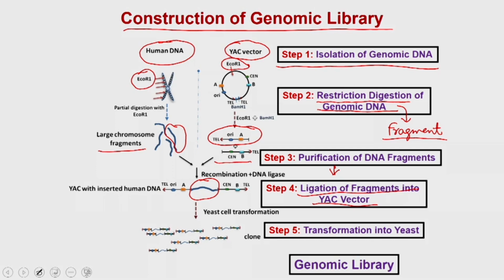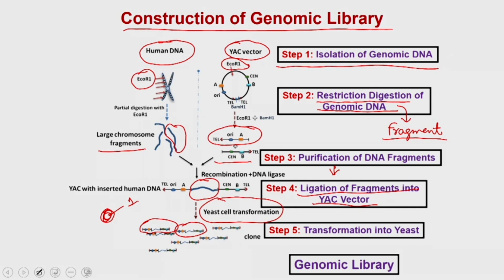In the last step you are going to do the transformation into the yeast cell, and then different vectors are going to carry different genes, and ultimately you are going to get clones which will contain a single gene or multiple genes, which depends on the size of the fragment.